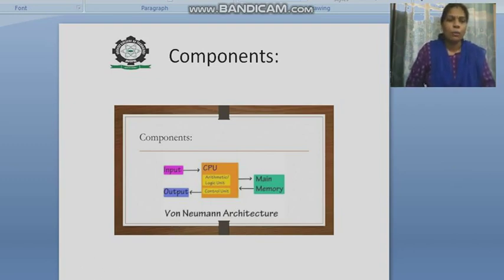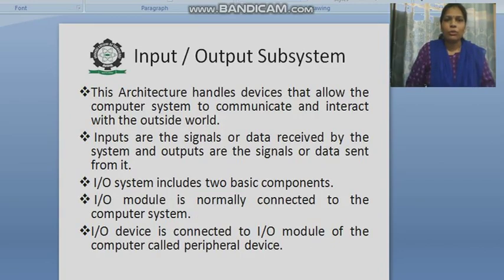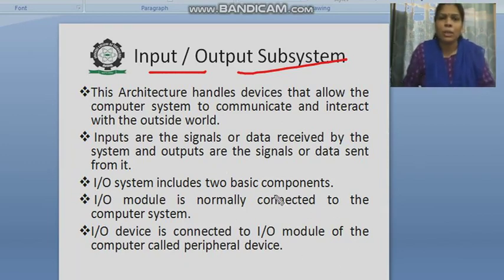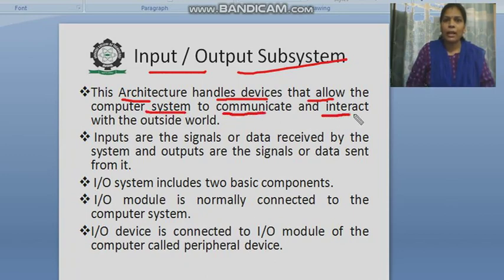Now one by one we are going to discuss these components, like the input output subsystem. Why are we calling this a subsystem? Because other than the central processing unit, which is the main system, whatever else is needed comes under the subsystems. So what is this subsystem doing? This architecture handles devices that allow the computer system to communicate and interact with the outside world.